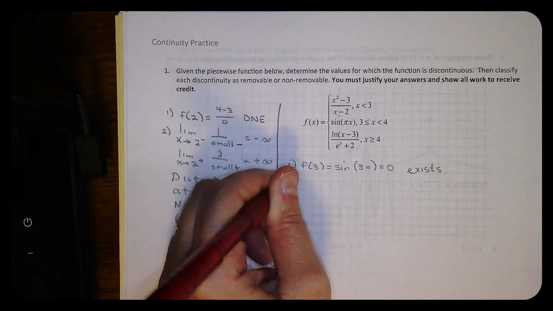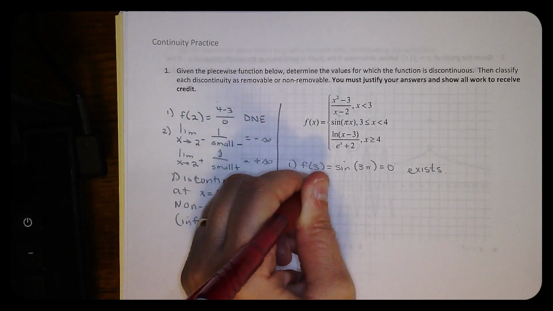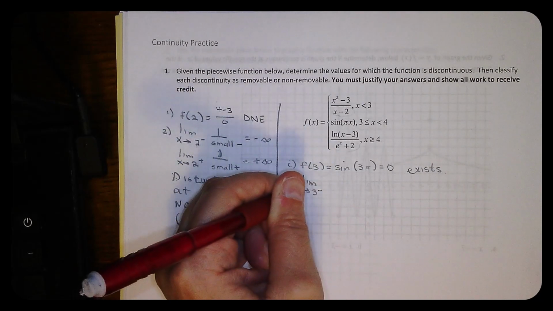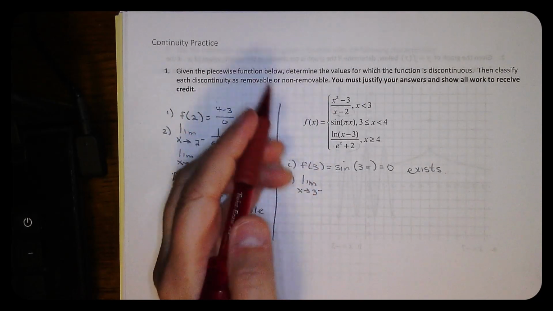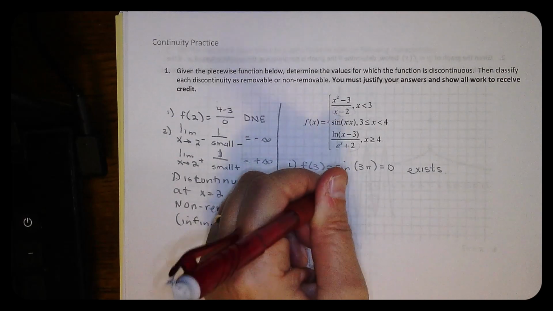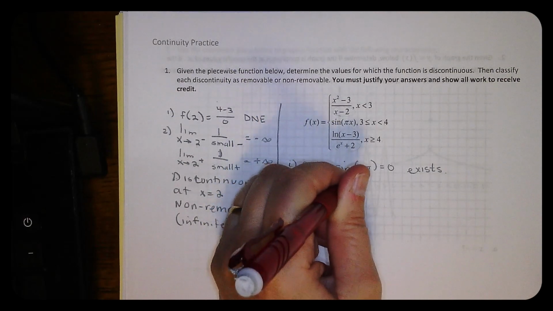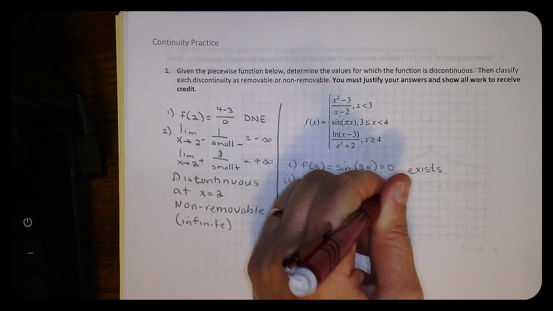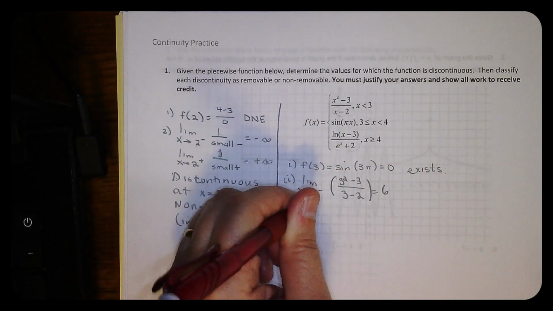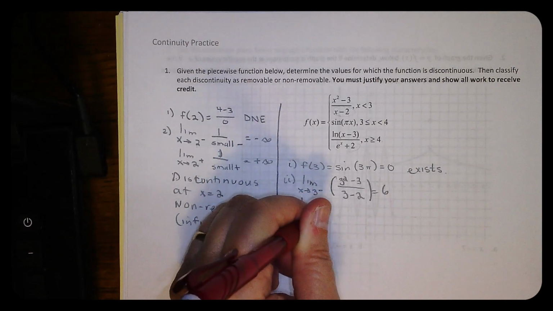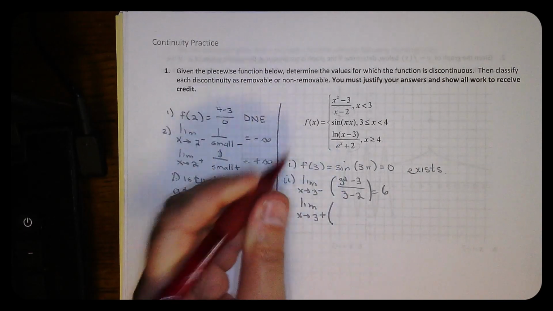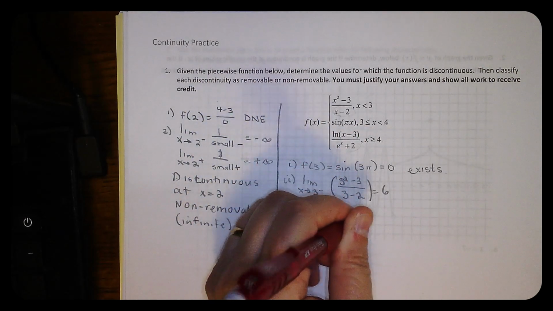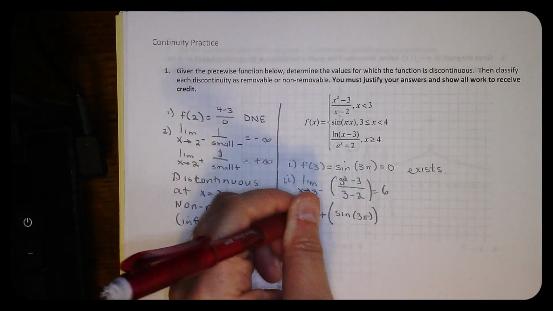Okay, then the limit as x approaches 3 from the left, that means smaller than 3, so that would be this one. I'm going to put 3 in there, so that would be 3 squared minus 3 over 3 minus 2. That's 6. But the limit as x approaches 3 from the right, I would have to use this middle function, so that's sine of 3 pi, and we found that.